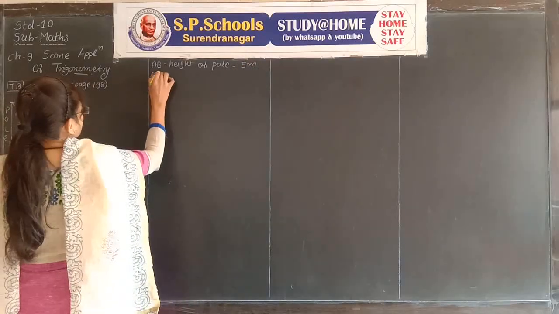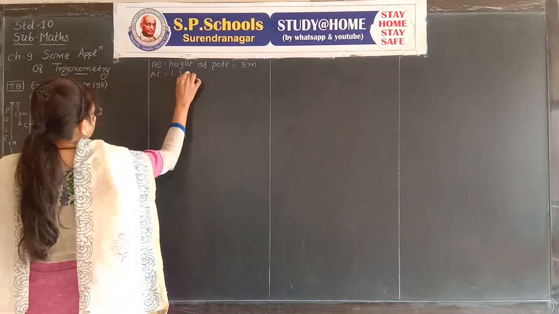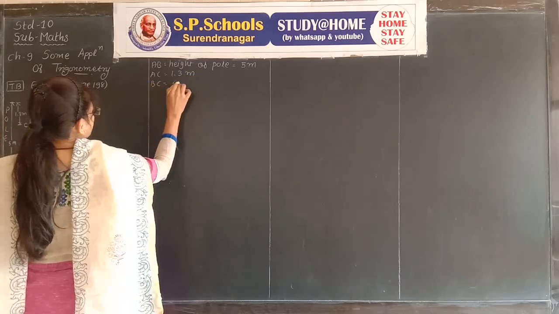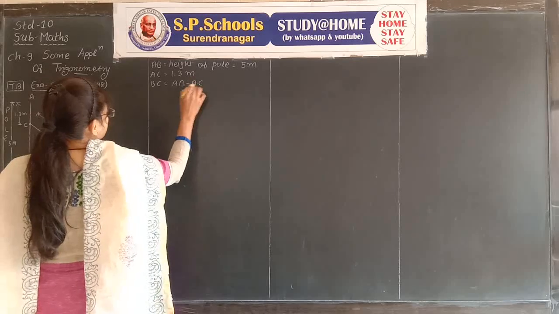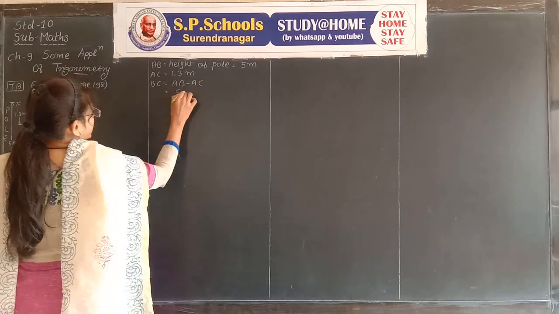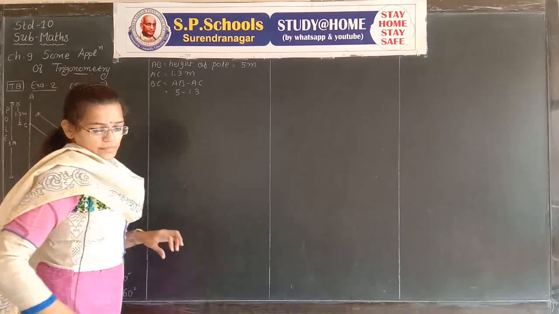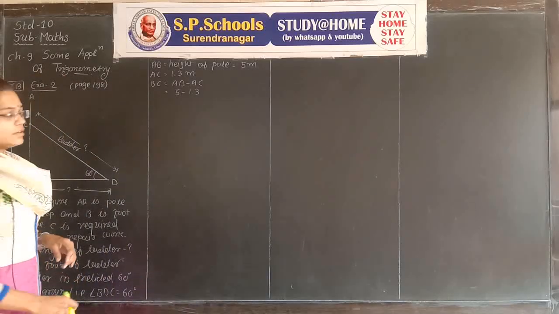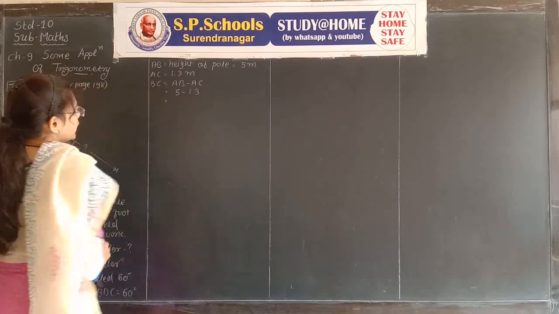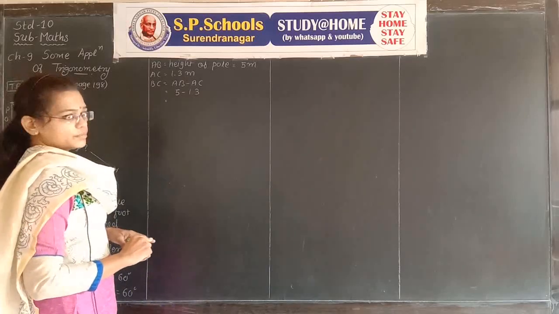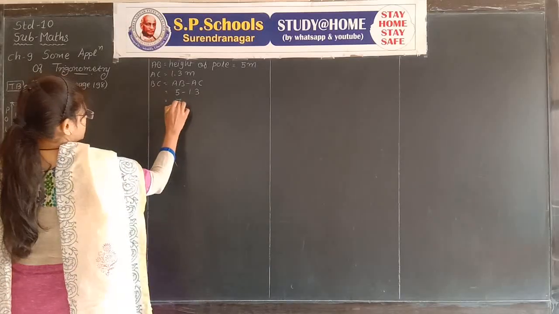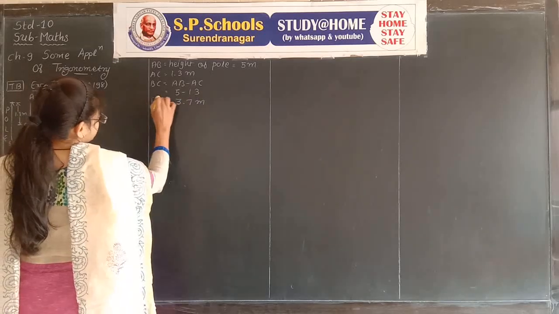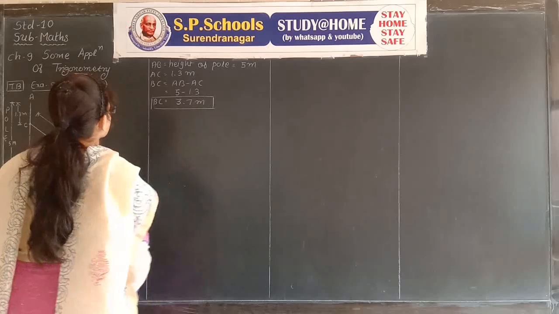AC is equal to 1.3 meter. We need to find BC. BC is equal to AB minus AC, which is 5 minus 1.3, because the point is 1.3 meter below the top. Subtracting 1.3 from 5, our answer is 3.7 meter, which is BC.